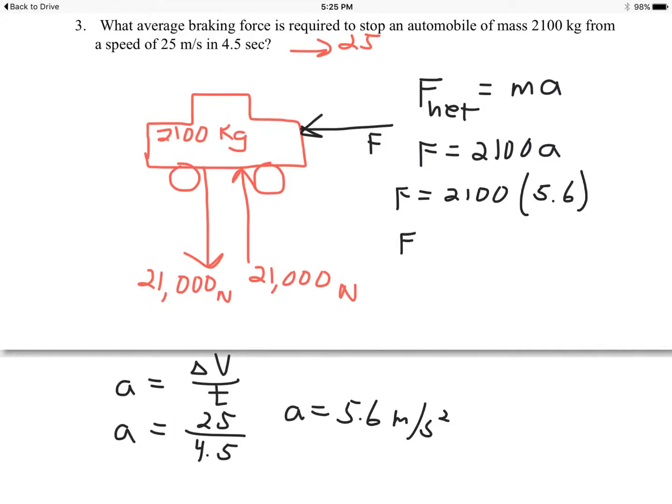And it turns out that F, the average braking force, and once again, don't let the word average scare you, because when a car stops, the force might not be consistently uniform. It's just that on the average, it's going to be this particular force. It comes out to be 12,000 if we round off to 2 sig figs, which is the nature of this entire problem. My calculator says 11,760. Round off to 2 sig figs here. The stopping braking force is 12,000 newtons.